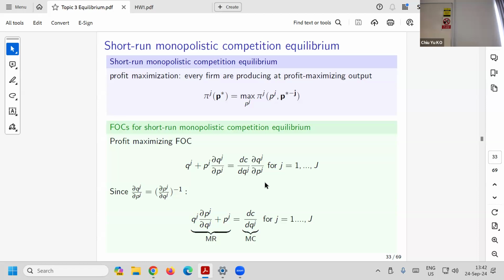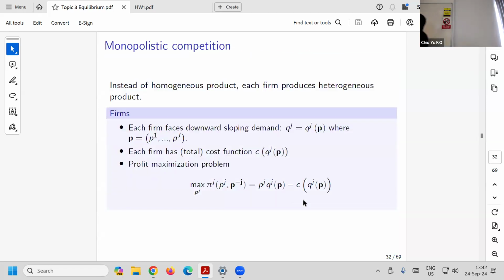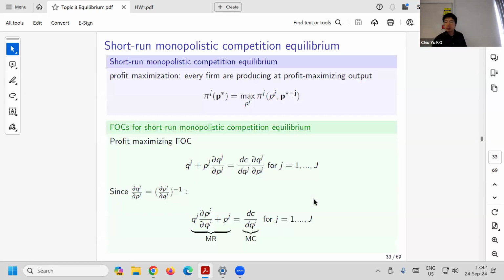This is the same. The only thing is that the MR is this guy, this P, or the Q guy. The reason is that our Q is not based on own price, but on a bunch of prices. Right? Before, in monopoly, it was just your own price. Now the P is a list of prices. So that's why the demand is based on other people's prices.